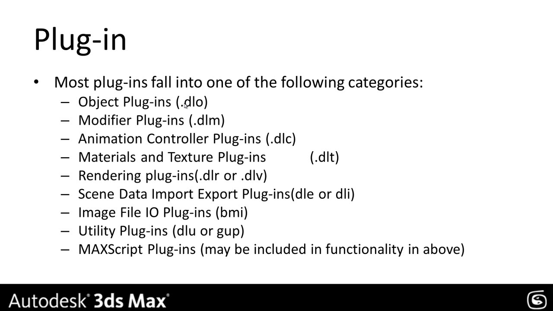So a plugin of multiple types can live in, let's say, a GUP, which is a global utility, or a standard utility object. So the file on disk determines load order, but it also typically identifies the type of plugin it is.